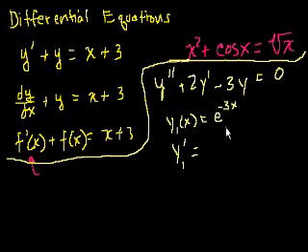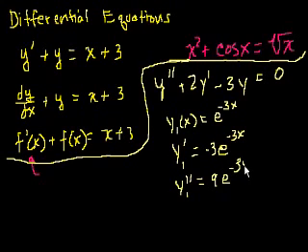The derivative of the outside is e to the minus 3x, and the derivative of the inside is minus 3. Then the second derivative of y1 is the derivative of this, which is plus 9, minus 3 times minus 3, e to the minus 3x.